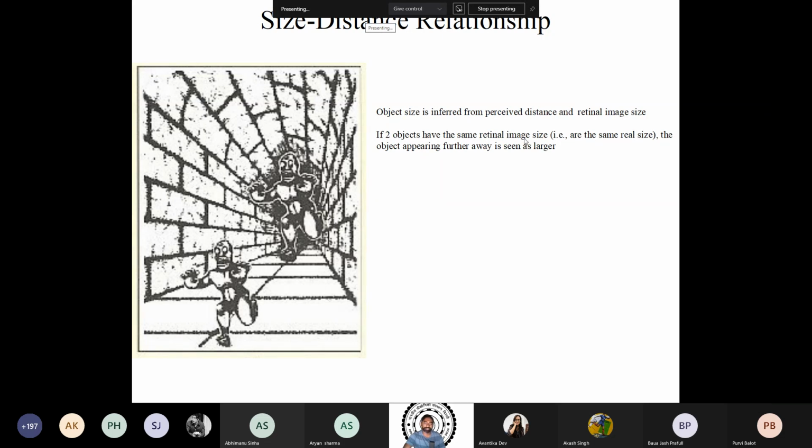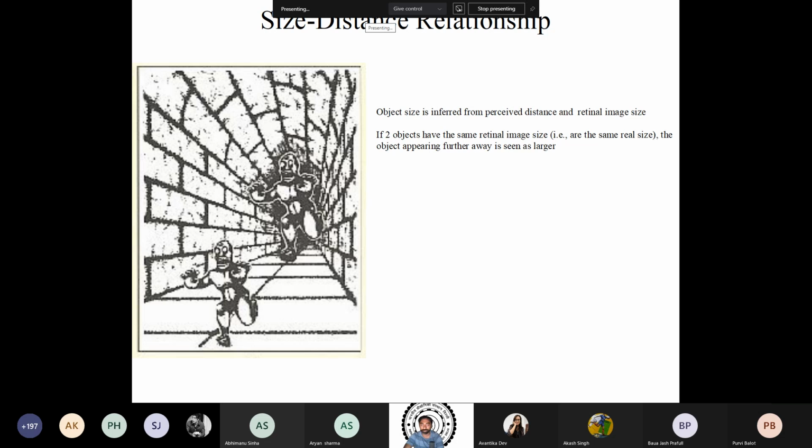Now, if two objects have the same retinal image size, that is, in the physical world they are of the same real size, the object appearing farther away is seen as larger. This is what some of you were saying, but this is a more concrete way to say it. So you have exactly the same size of objects, which means they have the same retinal image, but if you have a distance, then whatever is farther away is seen as larger, which happens right here.